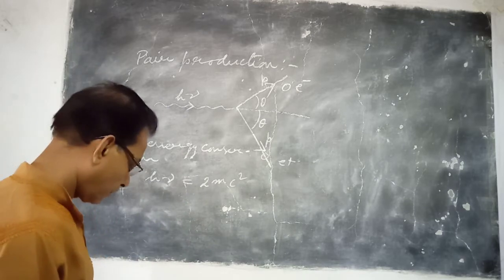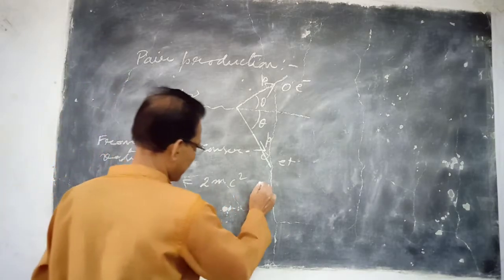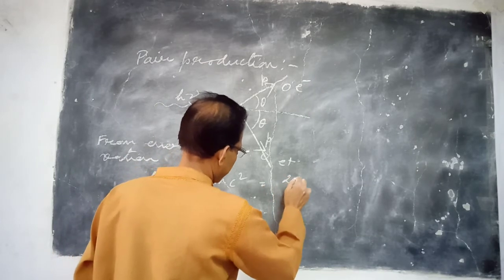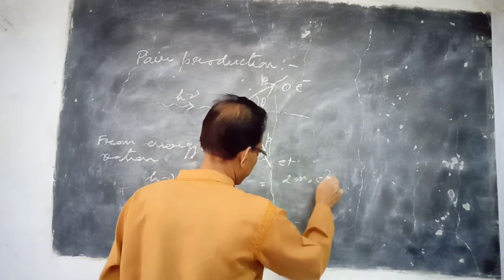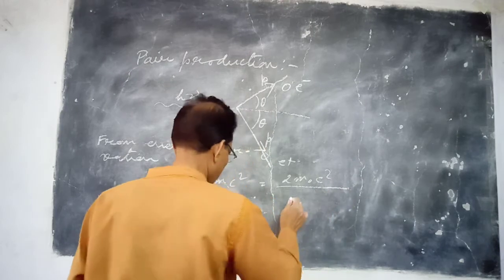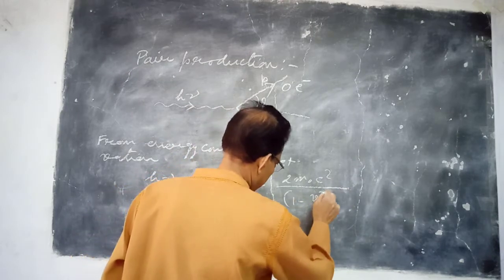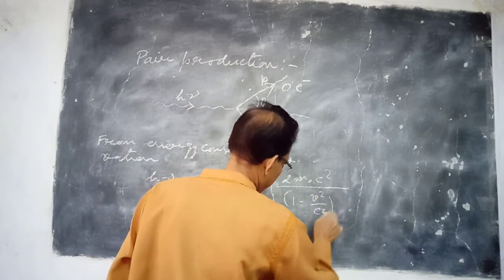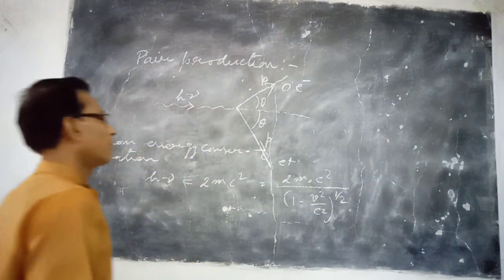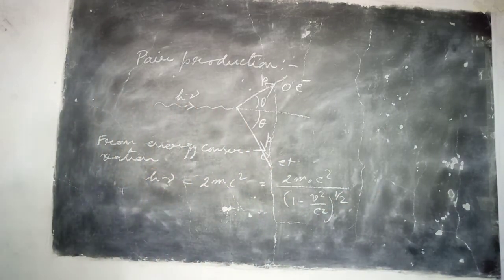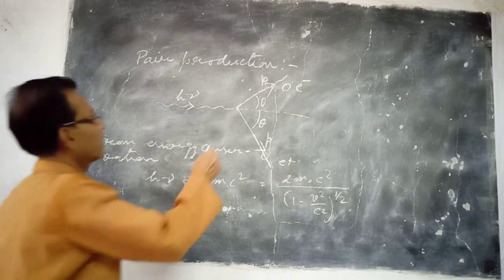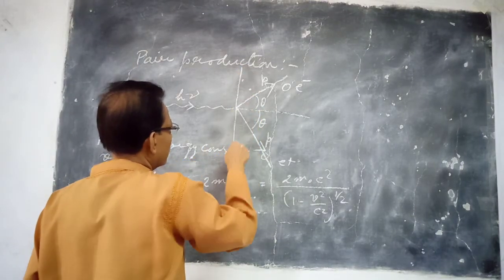Now, if we use the mass energy relation, we get twice m0 c square into 1 minus v square by c square to the power half in the denominator.